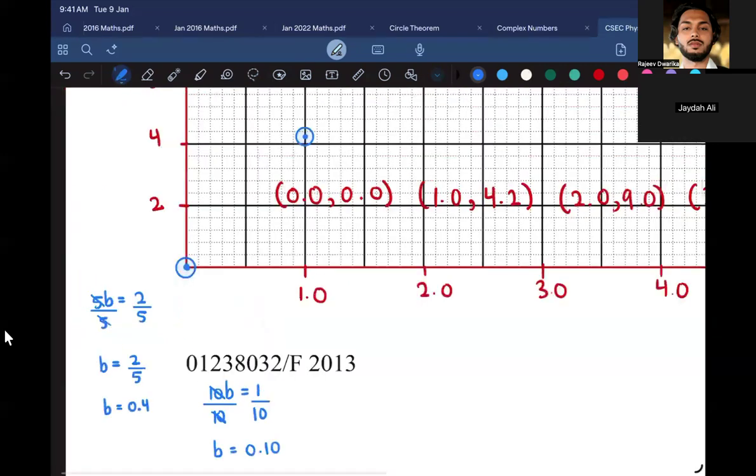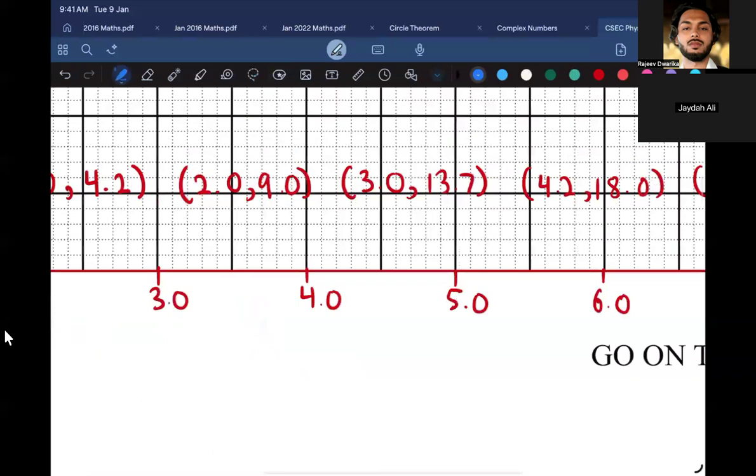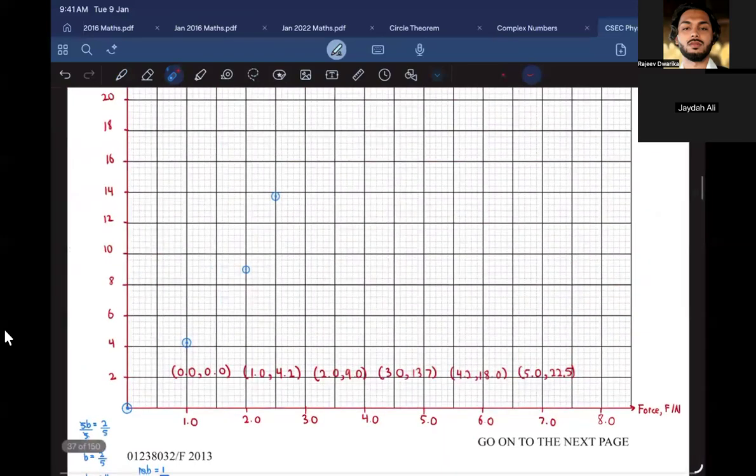Nice. So 4.2 would be where? If we count in, this would be 4.1 and this would be 4.2. So 4.2, 18 will be right here. It's an easy one.